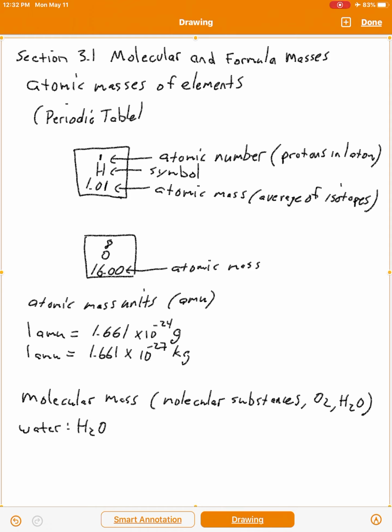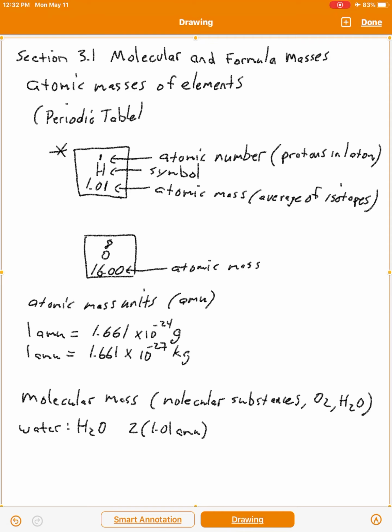First, you ask yourself, how many hydrogen atoms are in one molecule of water? The subscript 2 tells you there's 2 hydrogen atoms. You then go to the periodic table and you look up the atomic mass of each atom. Well, 2 hydrogen atoms, so 2 times 1.01 AMU. And then you say, how many oxygen atoms are there?